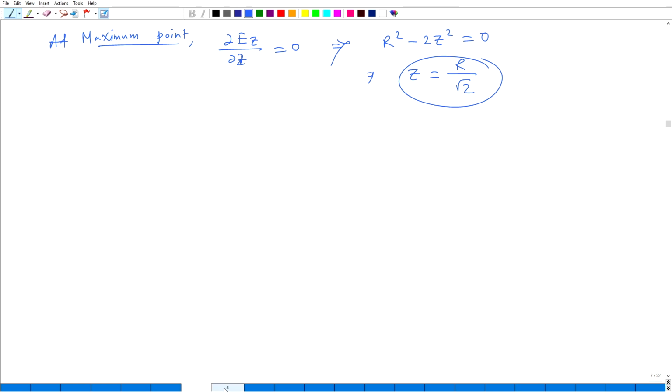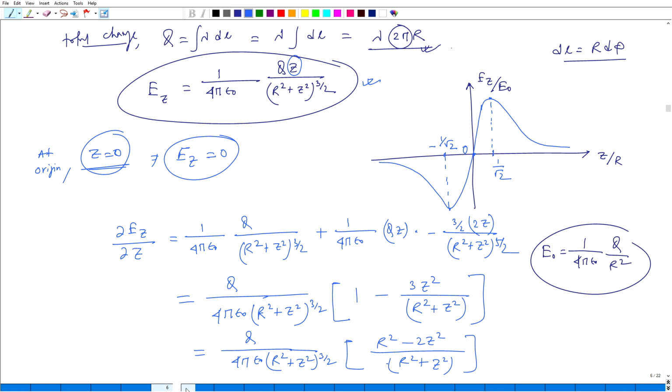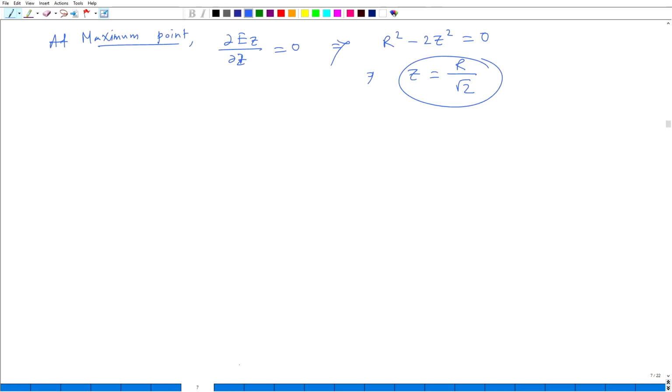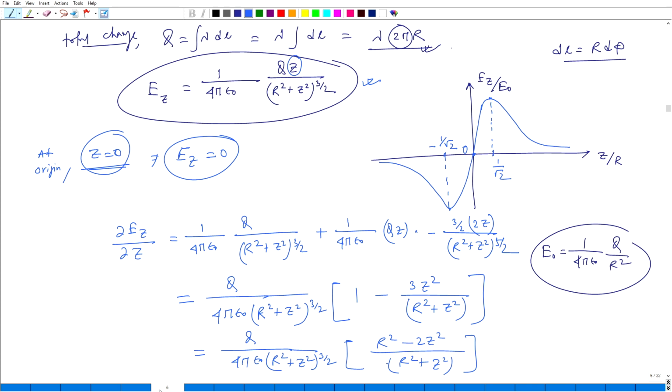And if we calculate the maximum value of the electric field, E at the point z equals r by root 2, we just plug it into this expression.